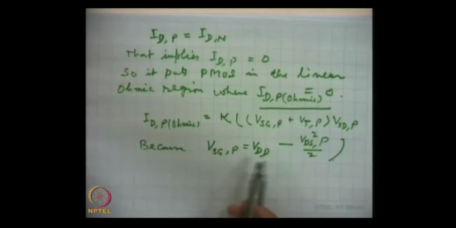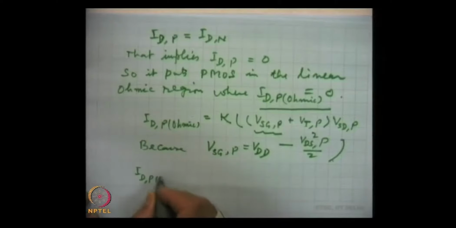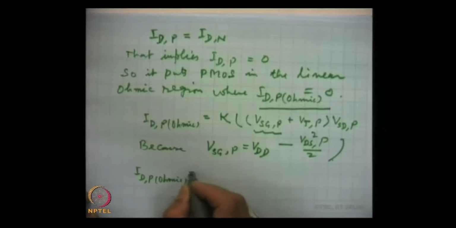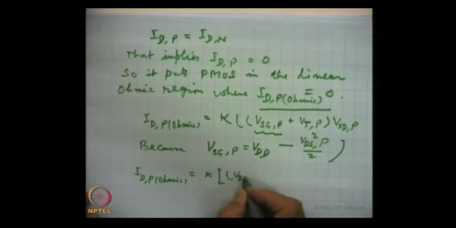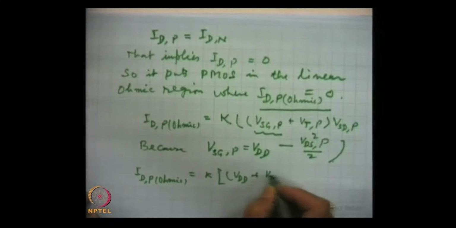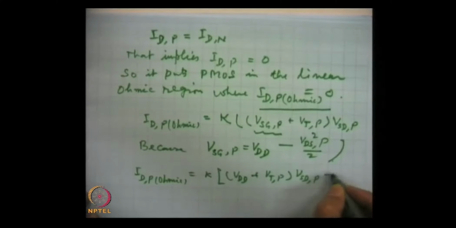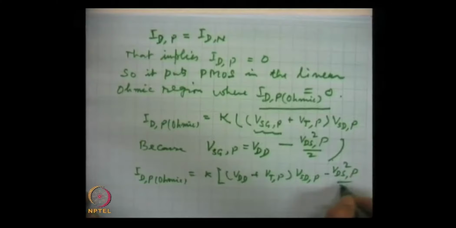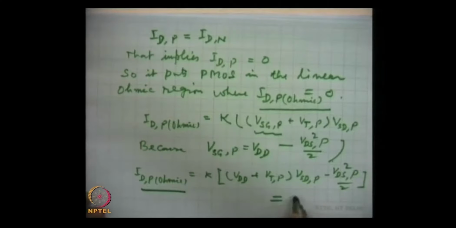So, here we can replace this by VDD. So, IDP ohmic becomes equal to K times (VDD plus VTP) times VSDP minus VSDP square by 2, and this is equal to 0 here. So, this we equate to 0.